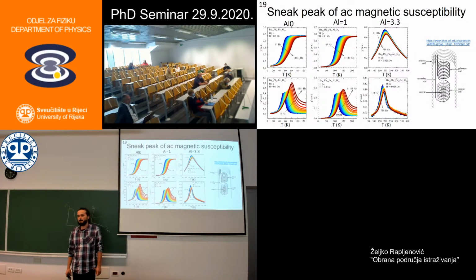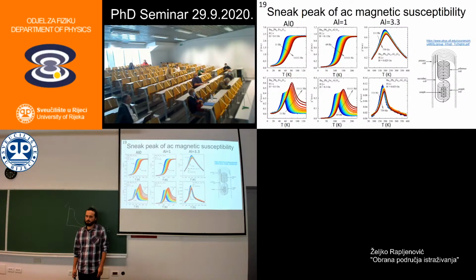I'm asking because you said this is superparamagnetic. It looks like it. Usually it's quite difficult to differentiate between superparamagnetic and spin glass behavior in AC susceptibility. But if you measure higher harmonics, you will see a clear difference.